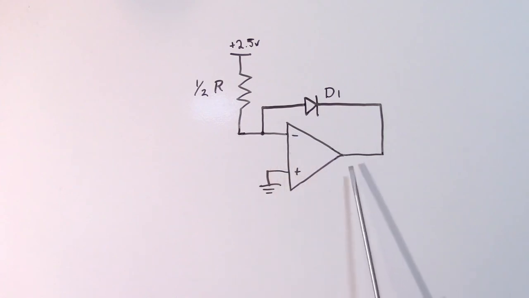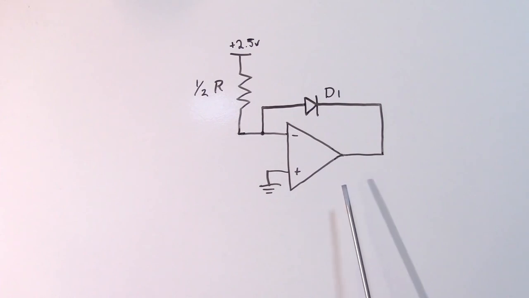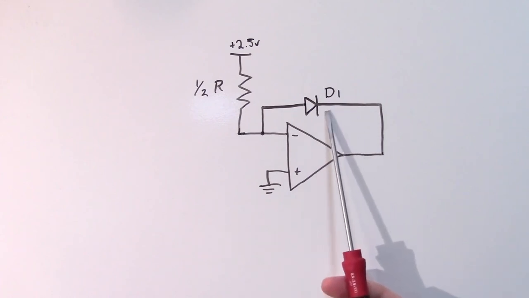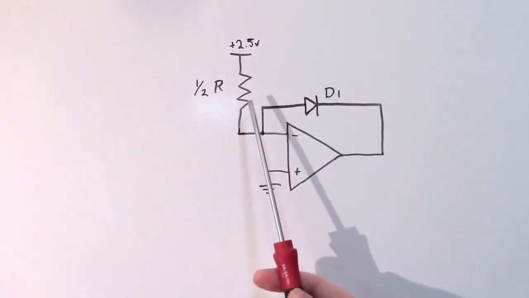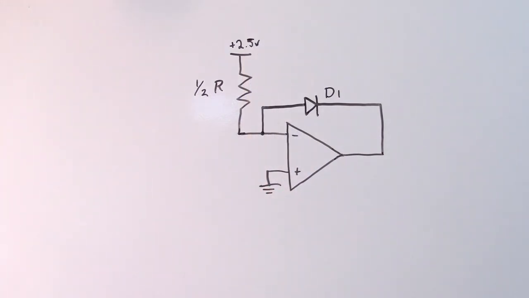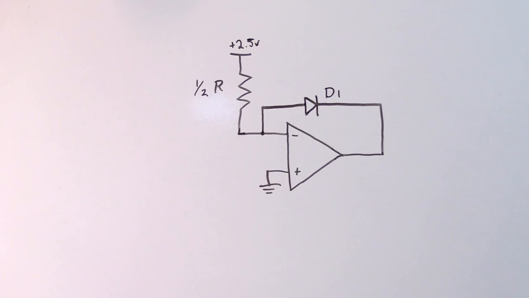So, because this is an inverting configuration, the op-amp will start to drive its output negative. Now, it doesn't have to go negative very far, though, because we have this diode here, D1, and because it's connected through this resistor to a plus 2.5 volt source, it will be forward biased as this goes negative.